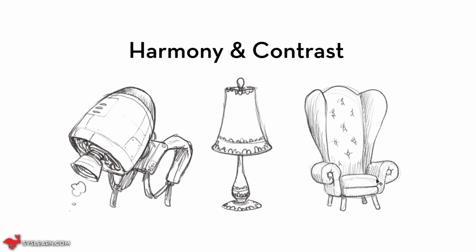And then we also have harmony in that we've got these rounder shapes that are also seen up here. There's a roundness to everything. Contrast in that we have this bigger back with this smaller bottom, right? Contrast in size with how big these bigger pieces are versus how small these smaller pieces are.